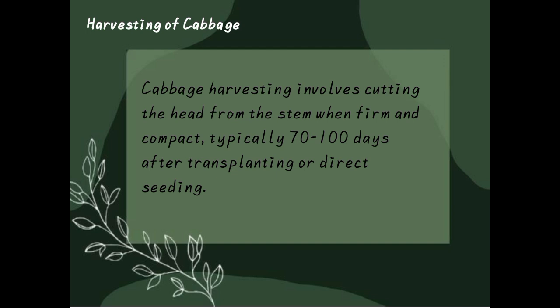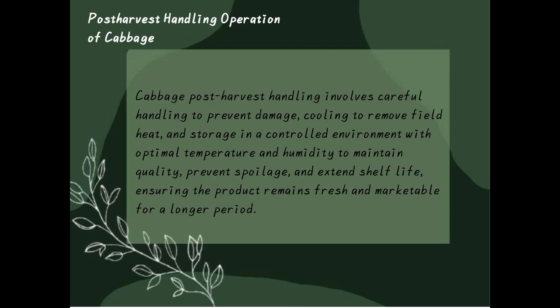Harvesting of cabbage. Cabbage harvesting involves cutting the head from the stem when firm and compact, typically 70 to 100 days after transplanting or direct seeding. Post-harvest handling operation of cabbage.